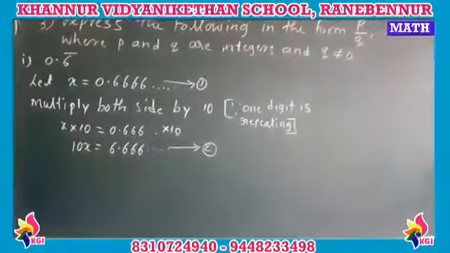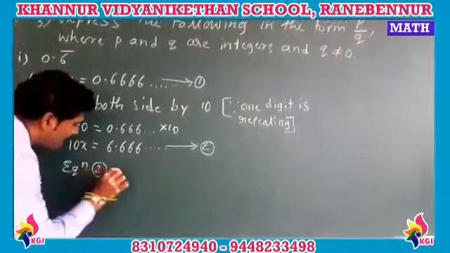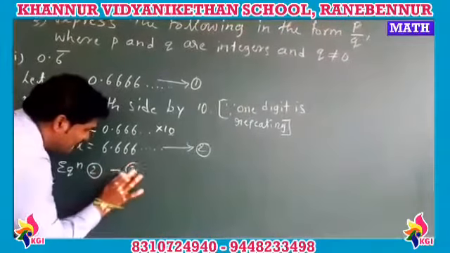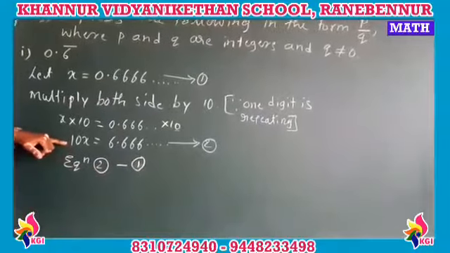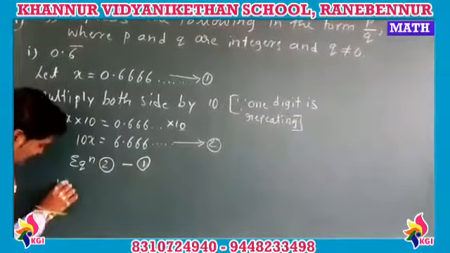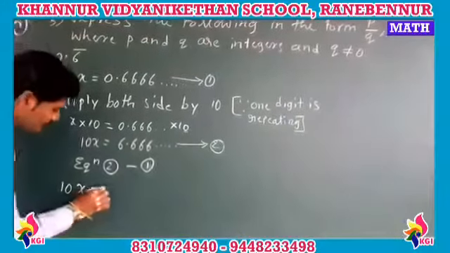Now what we have to do is subtract equation 2 minus 1. Where is equation number 2? This one. Here what is there in the LHS? 10x. In equation 1, what is there in the LHS?